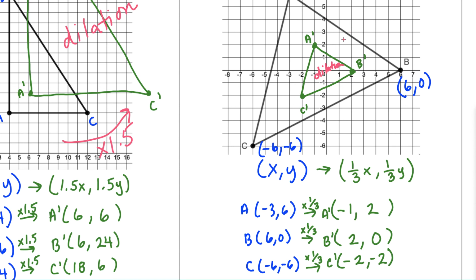And we went from this large one to this small one by multiplying by 1/3. Let me write that a little bit better. And then we went like this by multiplying by 1/3.